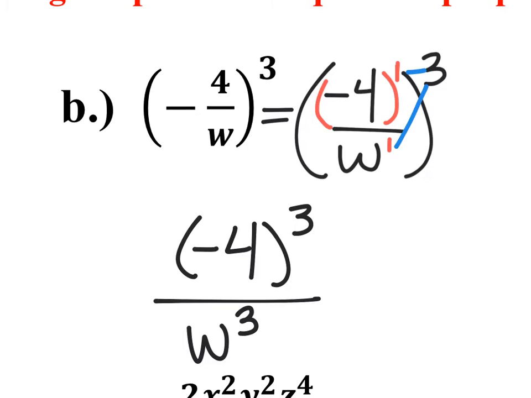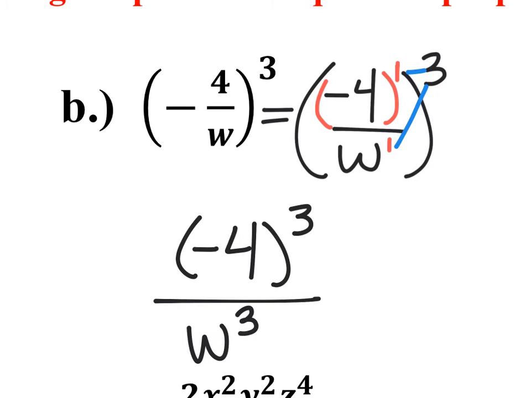Am I done? No. Finn, what should I do? You have to distribute. Well, we call it expanding. That's actually what we call it. We're going to evaluate the -4 to the 3rd.